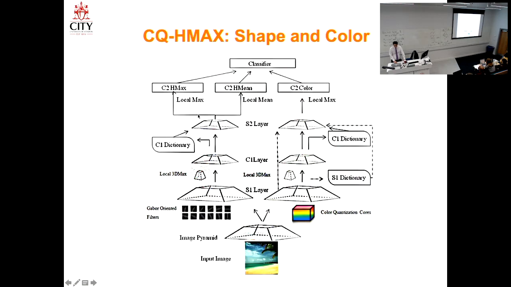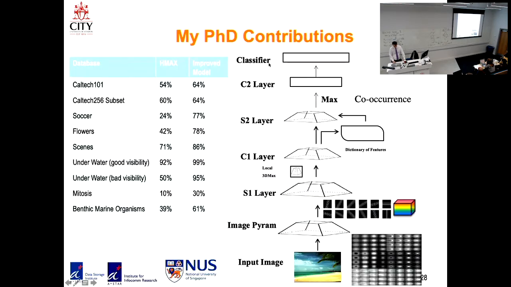And instead of max pooling, I did a mean pooling as well. So instead of taking the best response, I took the average of the best responses as well. So instead of having, say, a 4,000 dimensional vector, I had a 4,000, 4,000, 4,000, 12,000 dimensional vector, and then I sent it to the classifier. So this is another one.